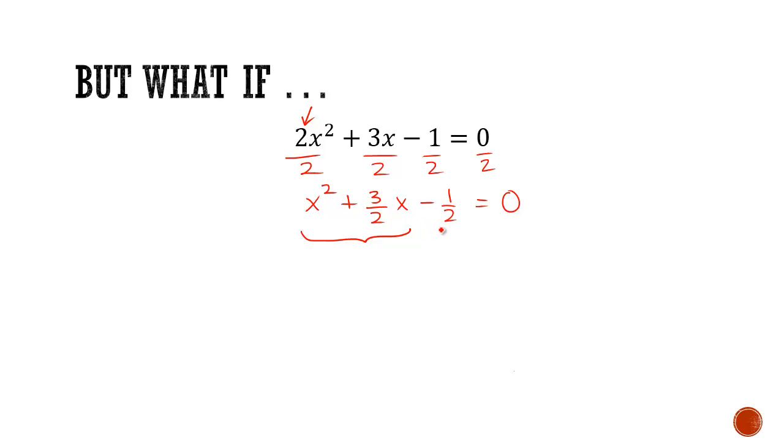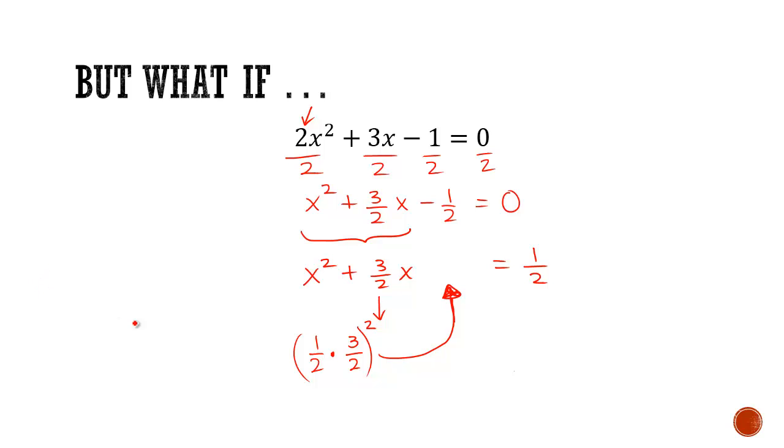Now this last term doesn't quite work for us, so let's move it over, and we've got x squared plus 3/2 x equals a half. And we want to fill in this term here so that it becomes the perfect square trinomial formula. So remember, we take half of 3/2, whatever this number is. So how do you take half of 3/2? Well, we multiply by a half, and then we're going to square it, and then we're going to add it to both sides.